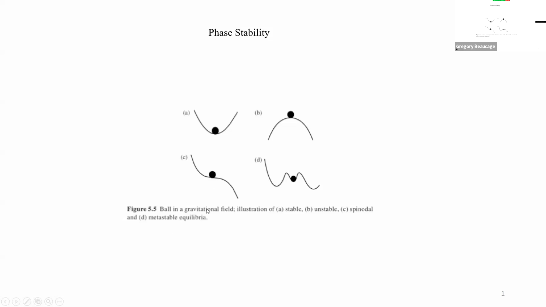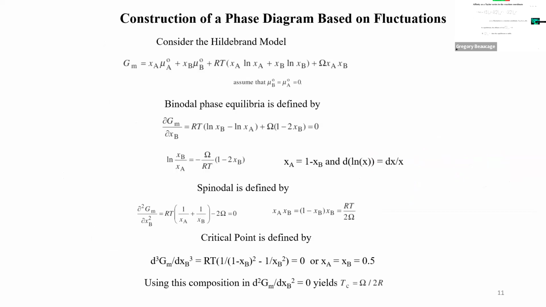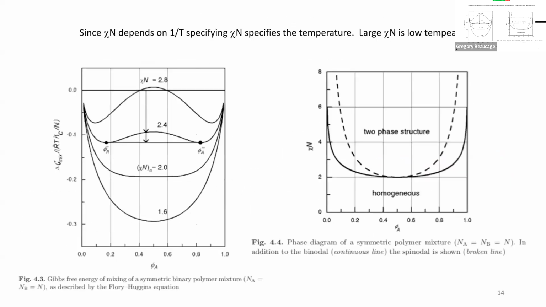And then the spinodal isn't really metastable. It's like a point of inflection in the free energy curve. So basically, this is kind of what spinodal is. So here's the Hildebrand equation. You change temperature and the enthalpy term begins to dominate, then you get phase separation.